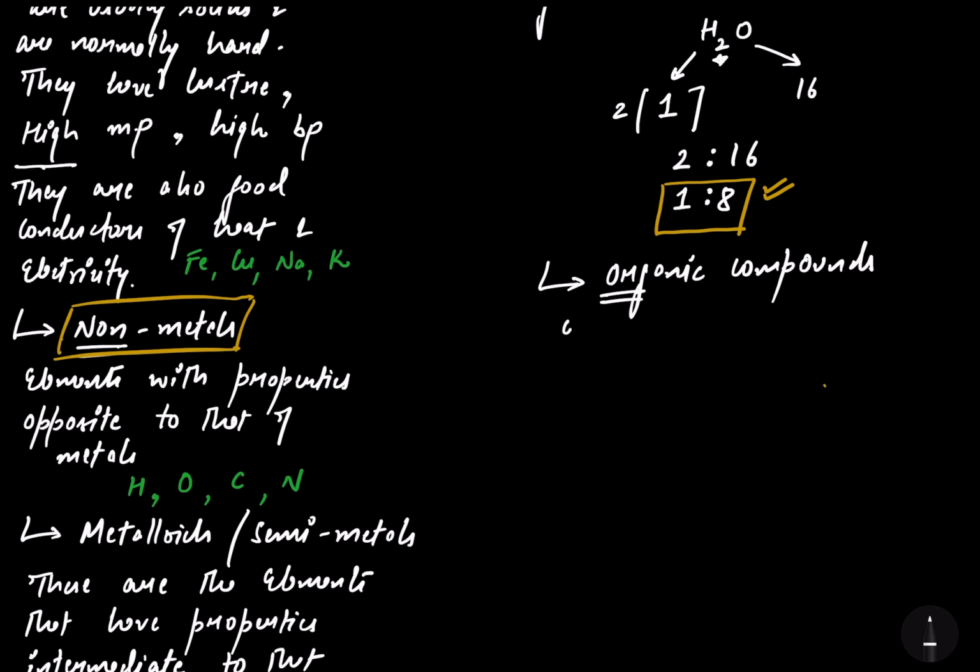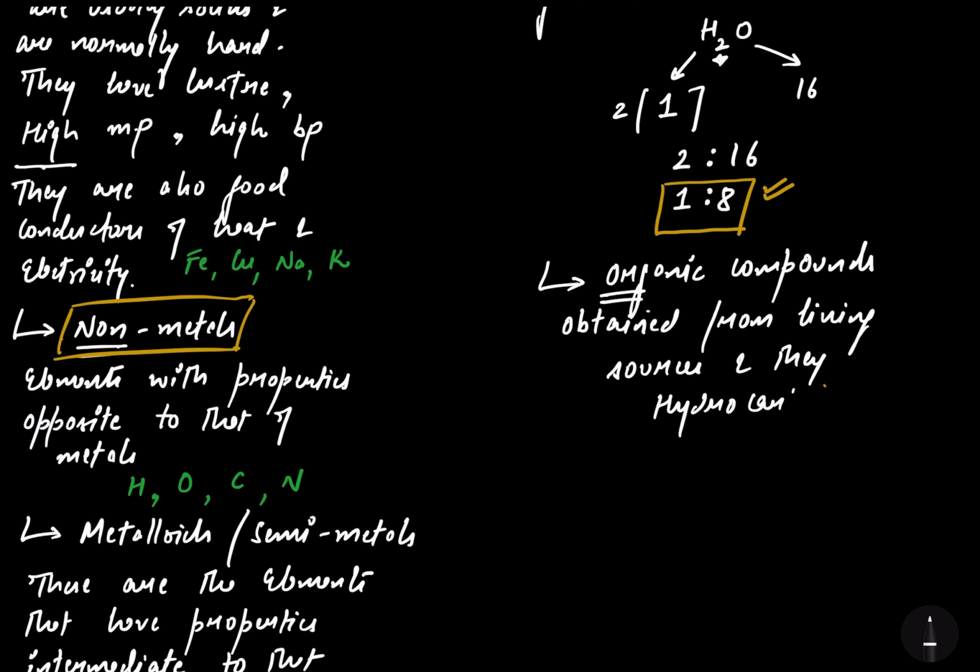Obviously, you must remember, the compounds that have been obtained from living sources, and they are hydrocarbons. That is, the compounds formed by the combination of two elements, carbon and hydrogen.